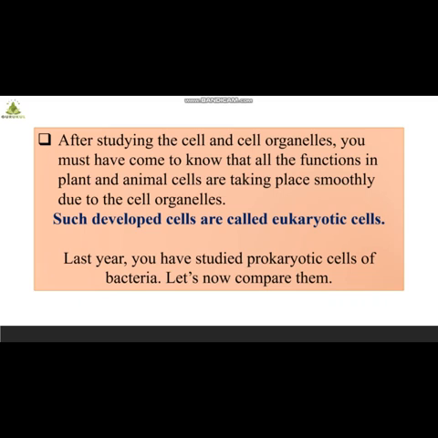We have learned very distinct cell organelles, students, and such developed cells are called eukaryotic cells. As I said, in standard 7 we have already learned prokaryotic cells. So let us compare both types of cells in detail. So let's start.